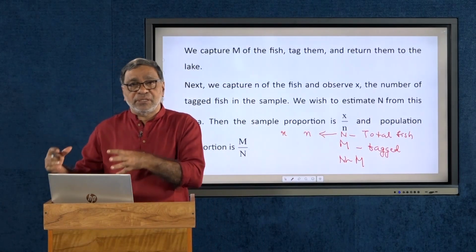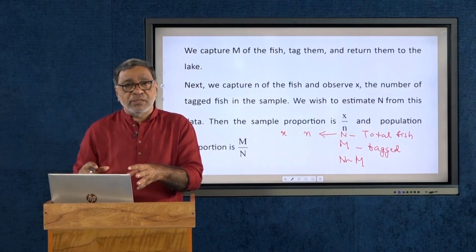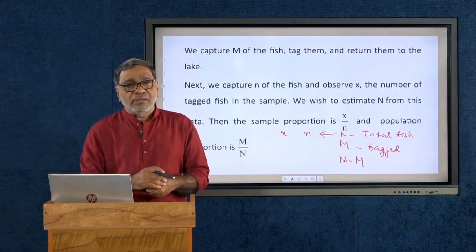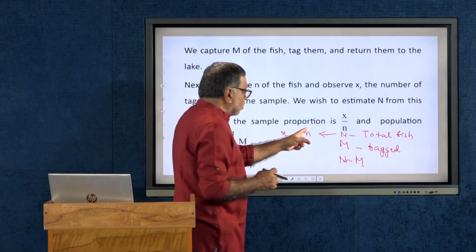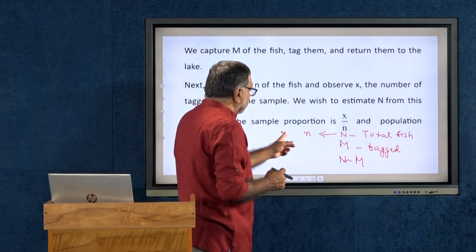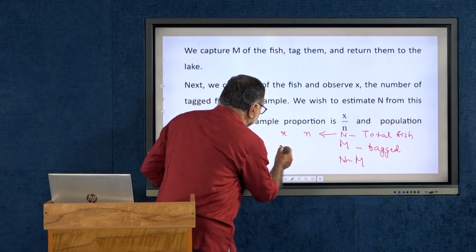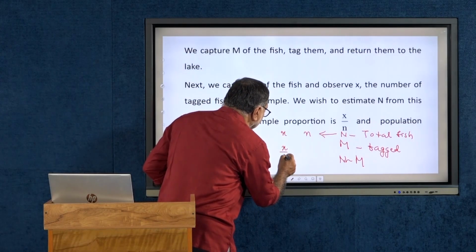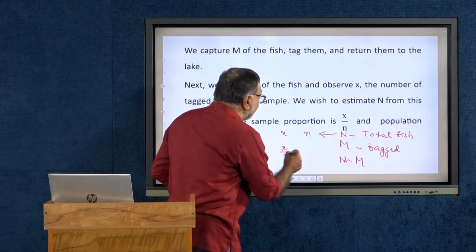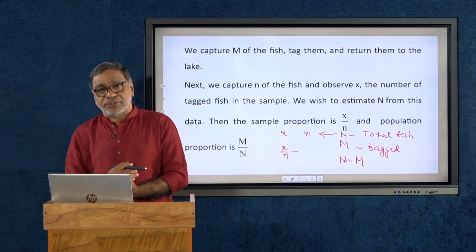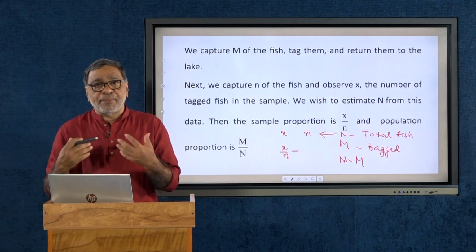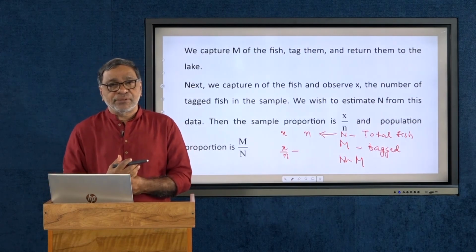Already we have tagged and non-tagged fish in the lake, and out of the total n fish selected, suppose x are tagged. So x divided by n we call the sample proportion of tagged fish.